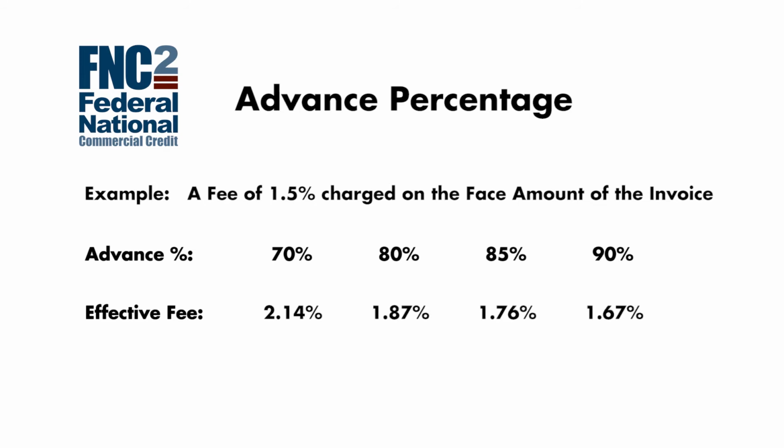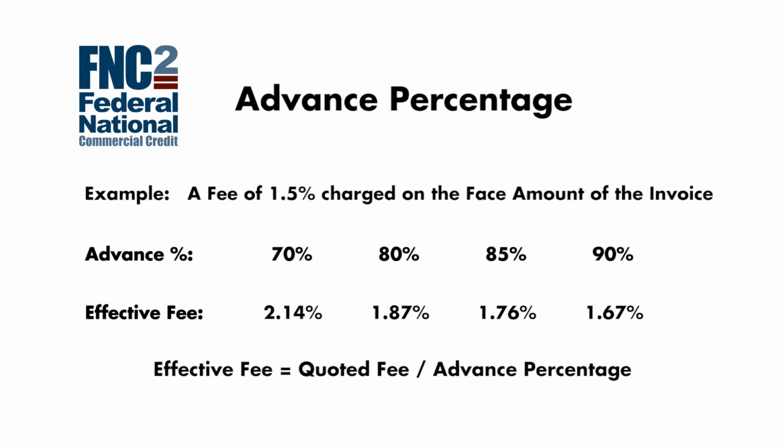So you can see the lower the advance percentage, the greater the effect on fees, the higher the effective fee will be. Now, it's pretty easy to compute this. I'm sure you figured it out just looking at it. But essentially, to compute the effective fee, you take the quoted fee, the 1.5%, and you divide by the advance percentage of 0.7 or 0.85. And that's how you get the effective fee.